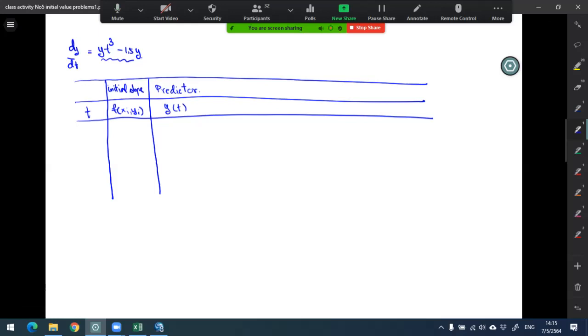Okay, that is yt. The predictor is not the exact one, it's just yt. And after that, when we have yt, we will determine the end slope.